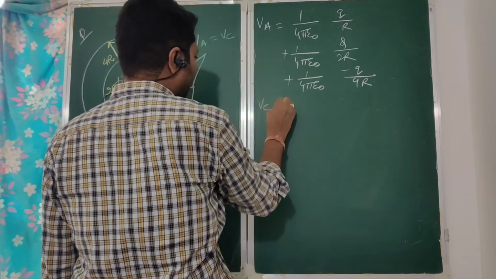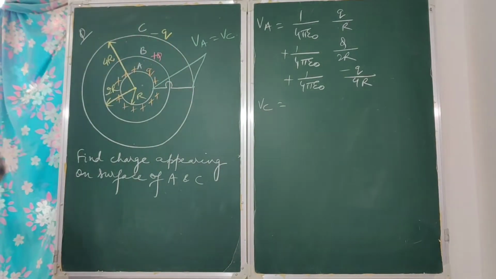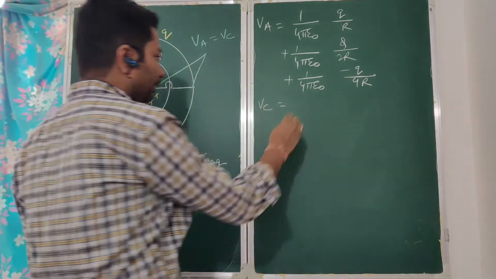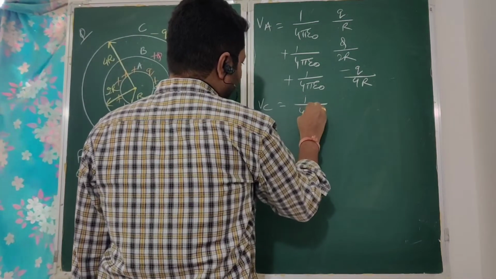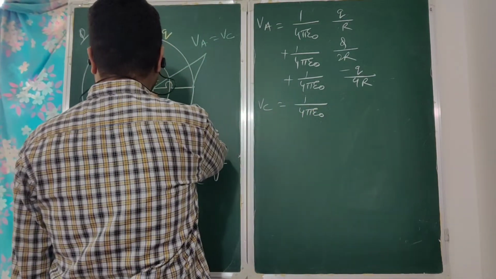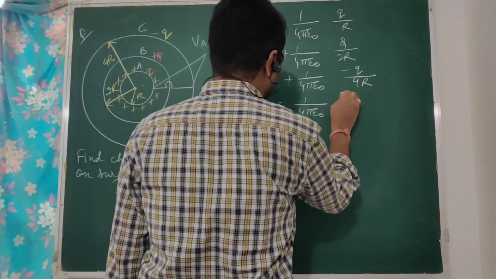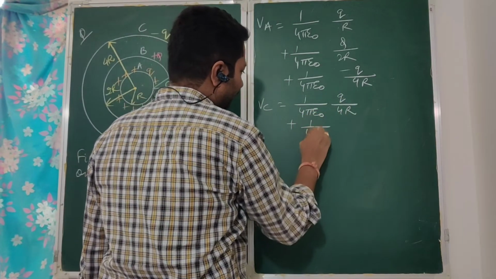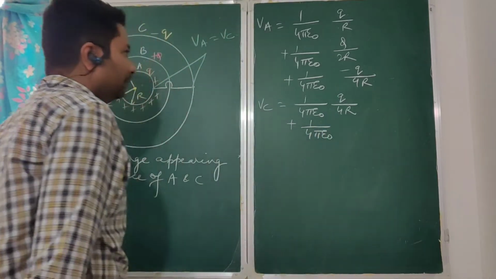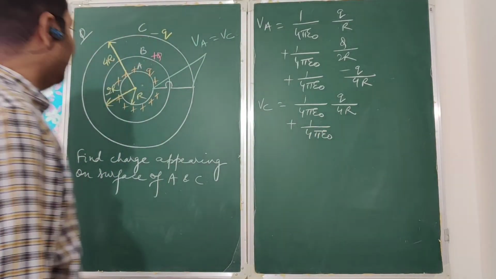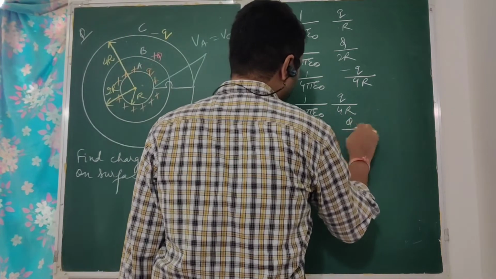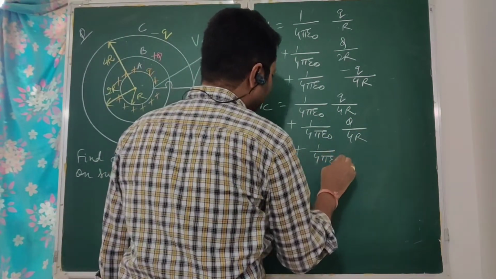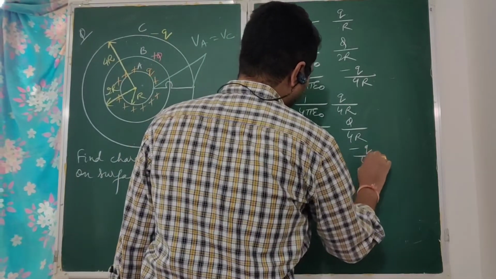What will be the potential at the surface of C? C is the outermost sphere, so this will be equal to 1 by 4 pi epsilon naught q by 4R plus 1 by 4 pi epsilon naught into capital Q by 4R plus 1 by 4 pi epsilon naught into minus q by 4R.